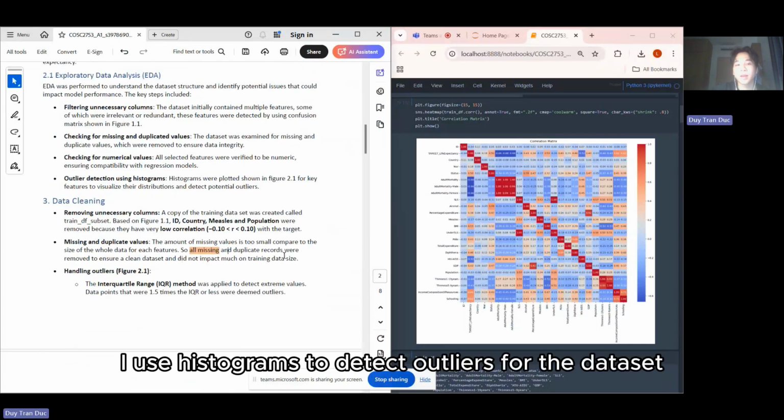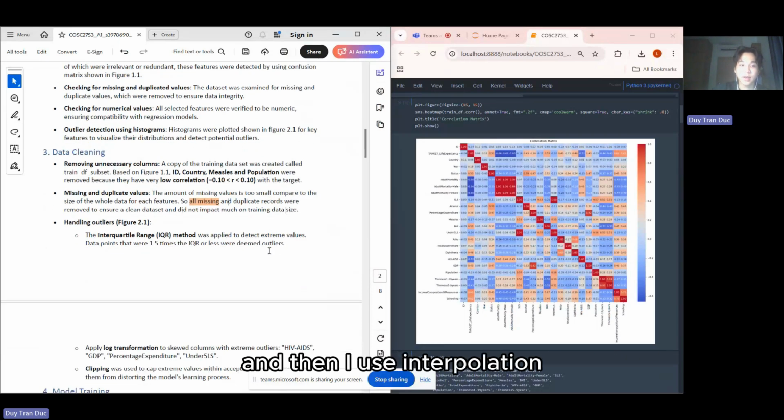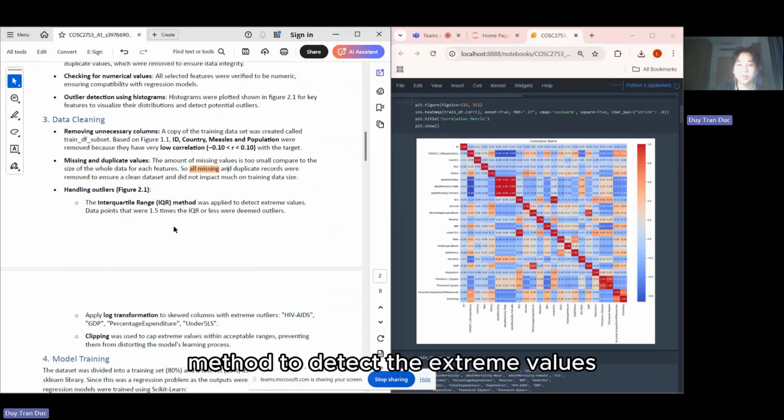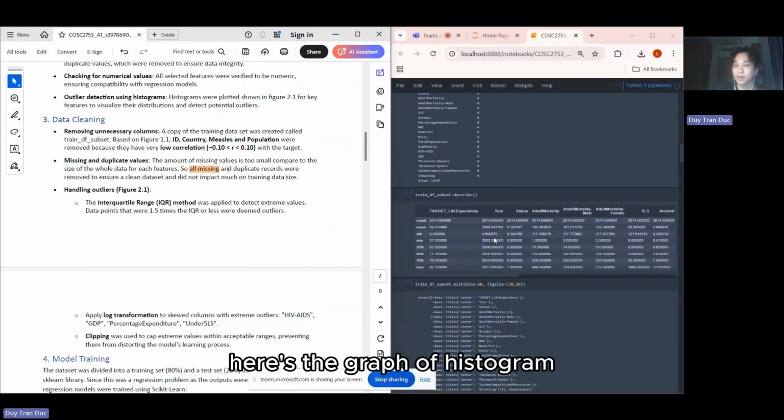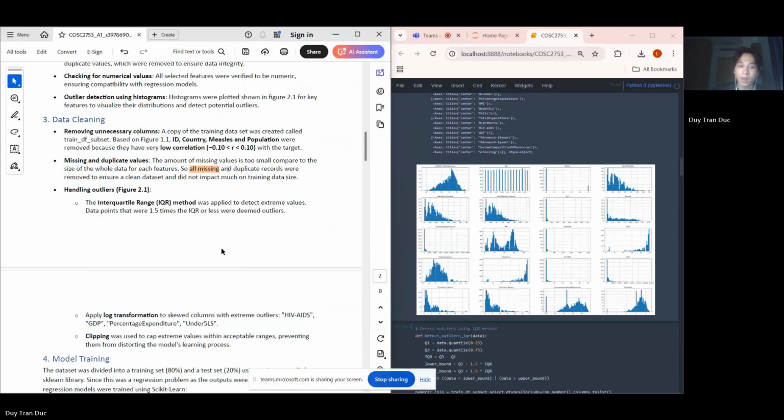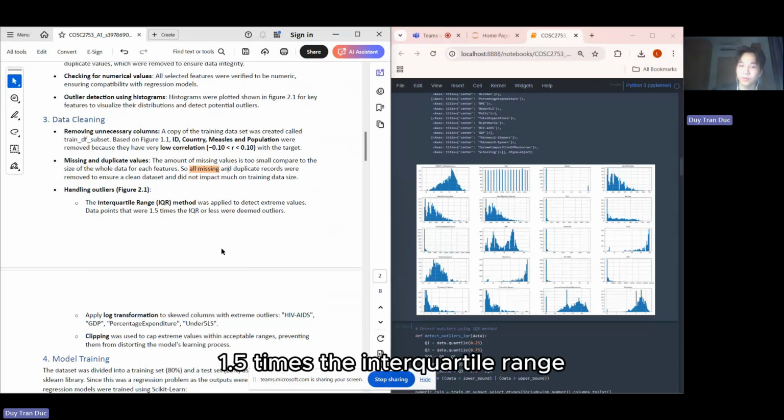Next up, I used histograms to detect outliers for the dataset, and then I used the interquartile range method to detect the extreme values. Here's the graph of the histogram, and any data points that were 1.5 times the interquartile range or less were identified as outliers.